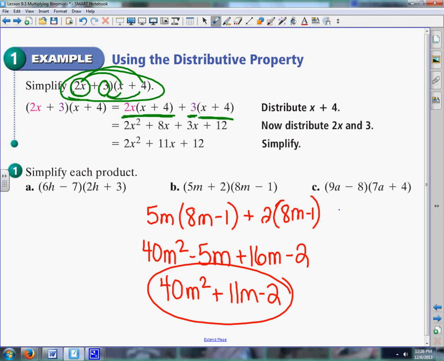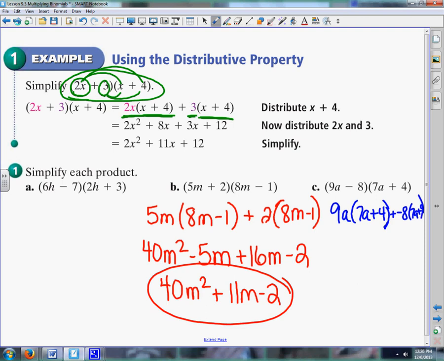Letter C, I have 9a times 7a plus 4, plus negative 8 times 7a plus 4.